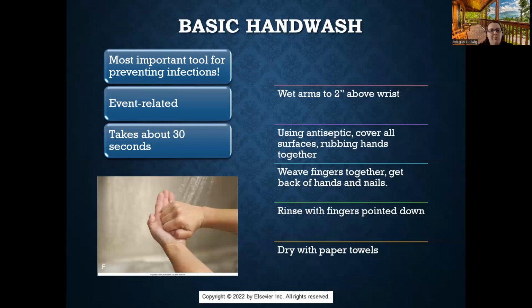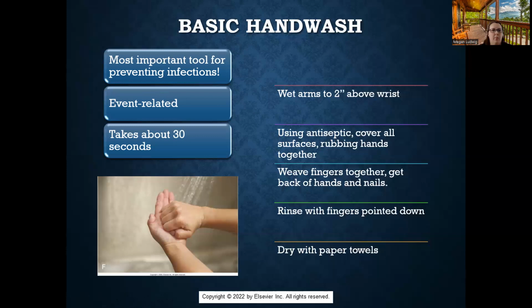Other people will touch that, then we end up spreading germs and infections, right? So the hand wash is considered event related. So that means, if your hands are visibly soiled, you can see, I've got a little bit of dirt on my fingernails, whatever it is, you have to go wash your hands. If you just came back from the bathroom, obviously, you have to wash your hands.